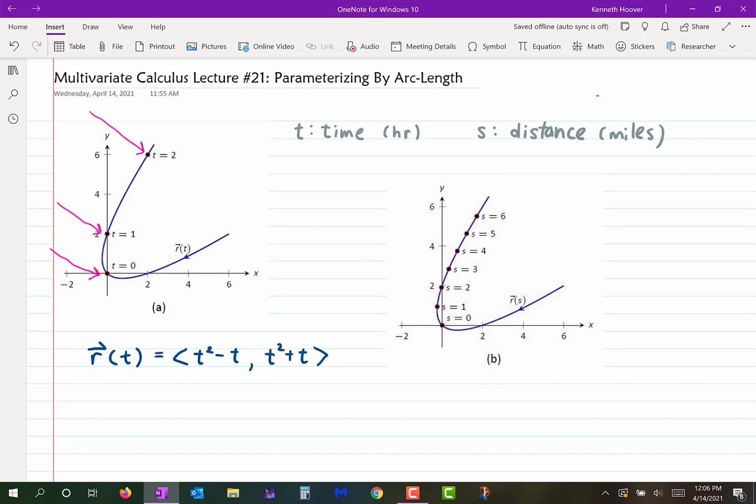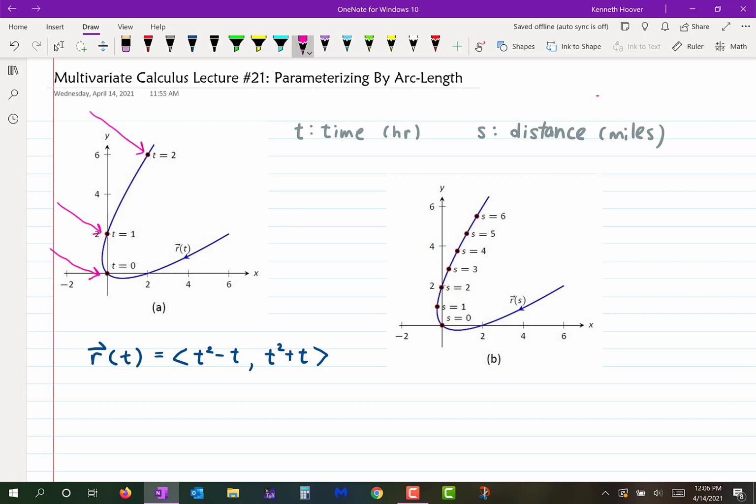Now we're starting here. In 1 mile, not 1 hour, we'll be here. In 2 miles we'll be here. In 3 miles we'll be here, and so on.